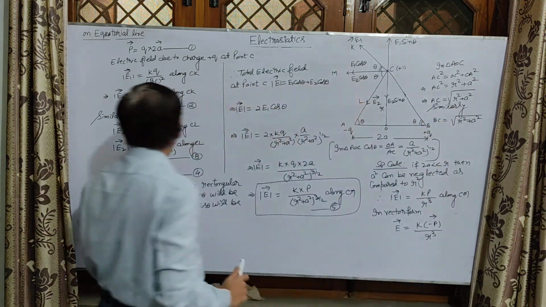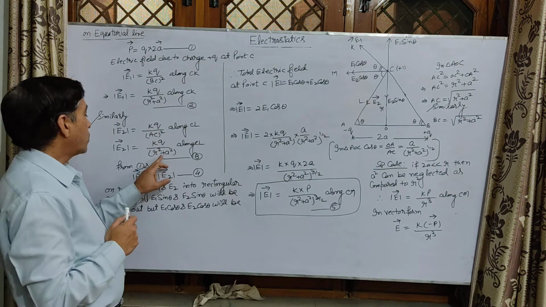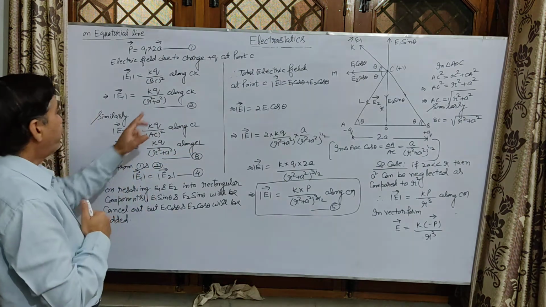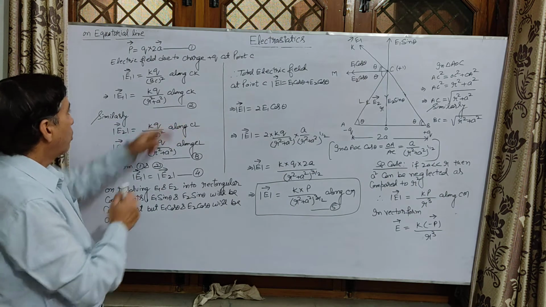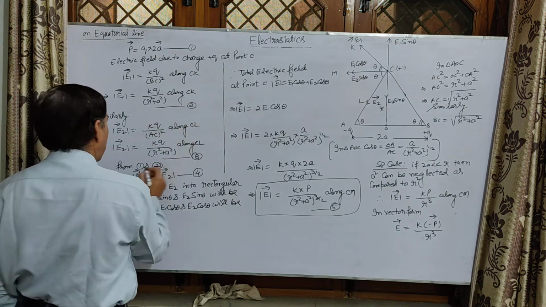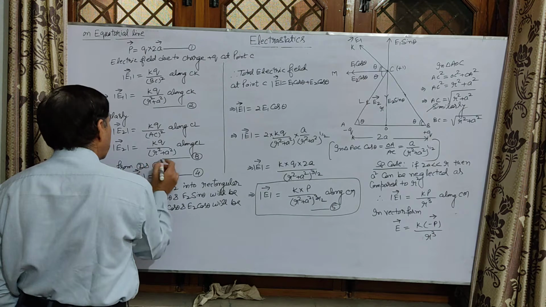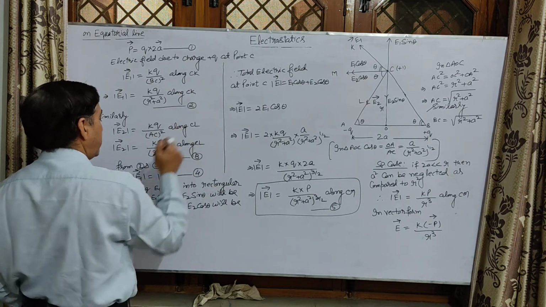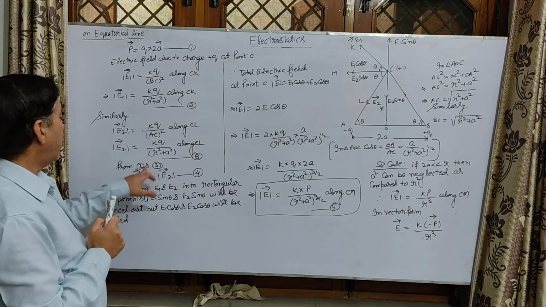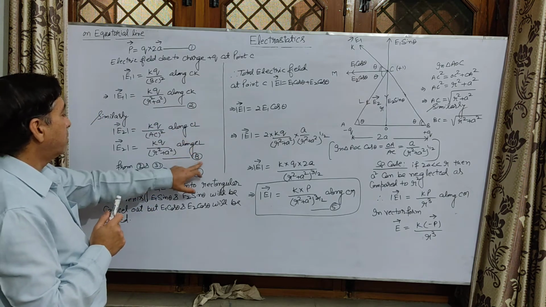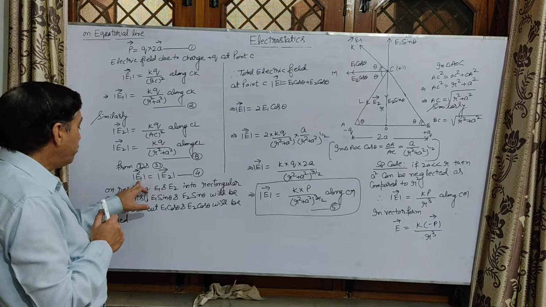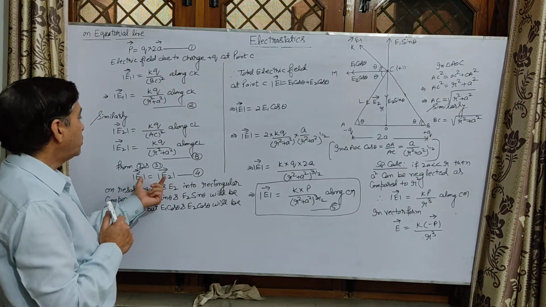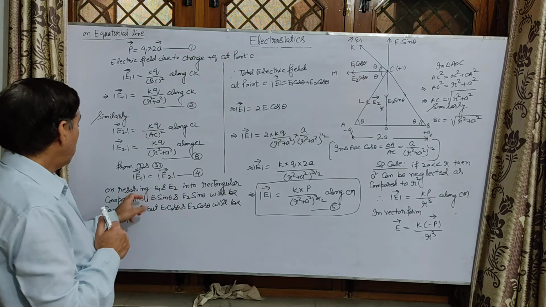The AC can be written as r square plus a square along CL. From equation second and third, we conclude that E1 equals E2. It means their magnitudes are equal.